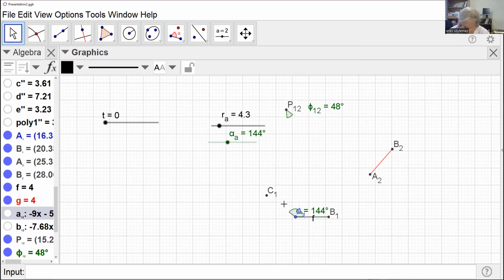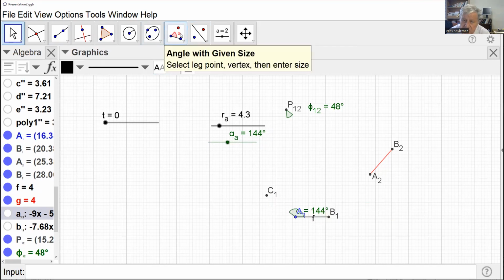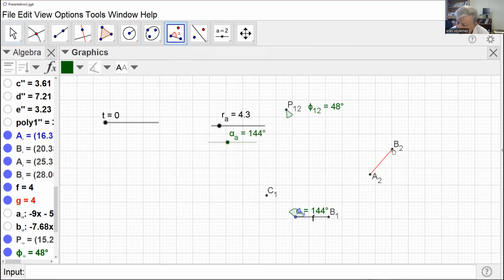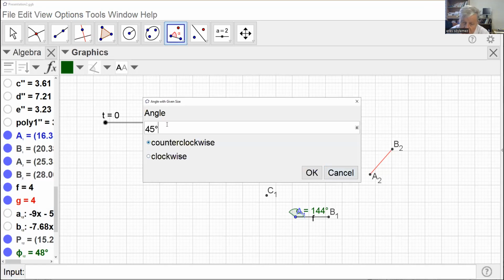This angle is not going to change. So I will repeat what I have done for the second position. Alt alpha dash A, correct?